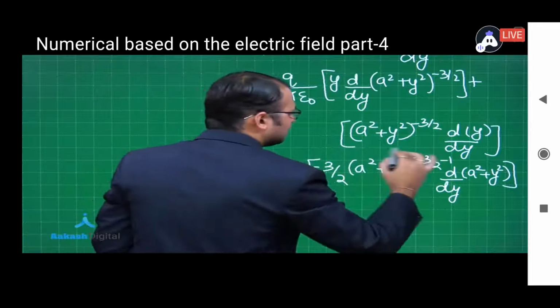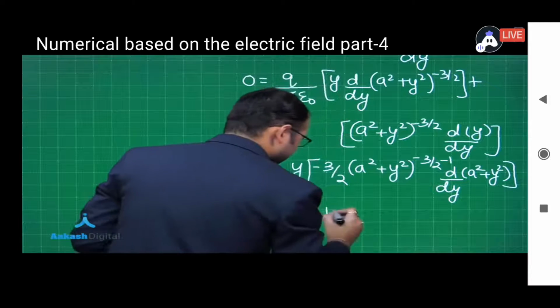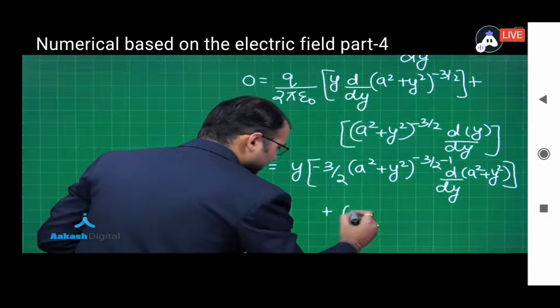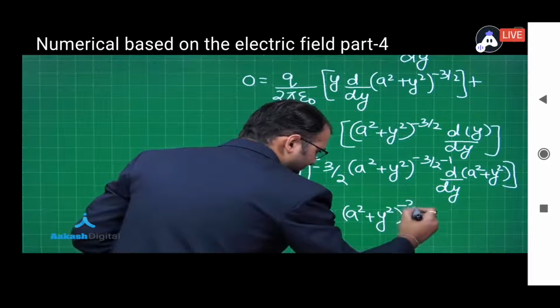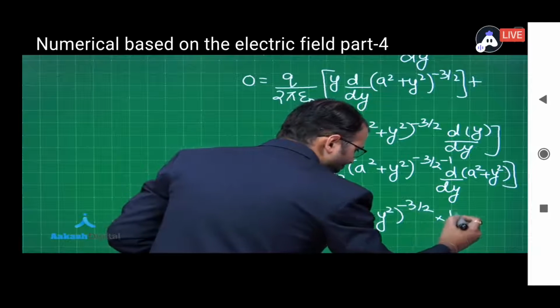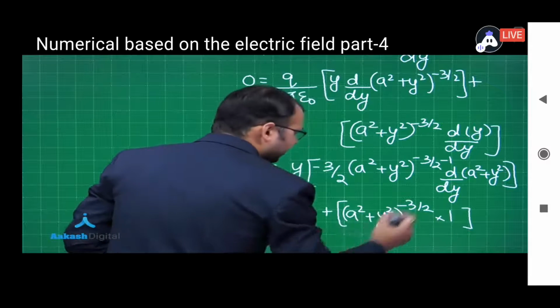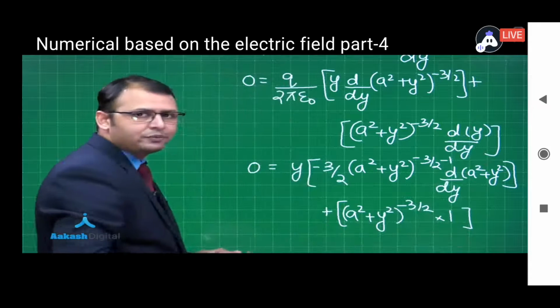Now, not talking about this part, let's write here, plus this a square plus y square power minus 3 by 2 into 1, since dy by dy would be 1.